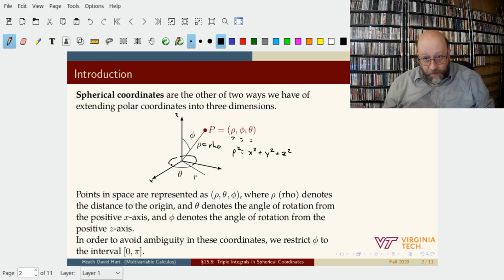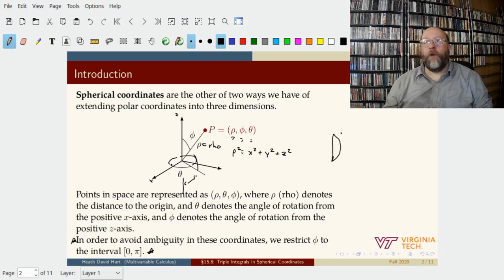And phi is the angle from the positive z-axis, and we restrict phi to only going from the North Pole down to the South Pole. We do not let phi go back behind the South Pole, so that phi covers this piece of a sphere.